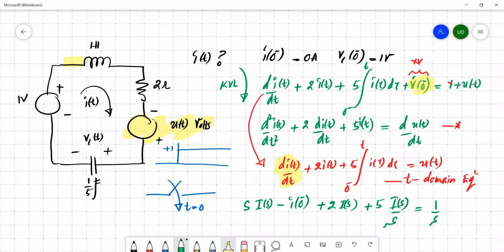Then you can simply replace this I(0-), which is actually 0, so the initial current is 0.